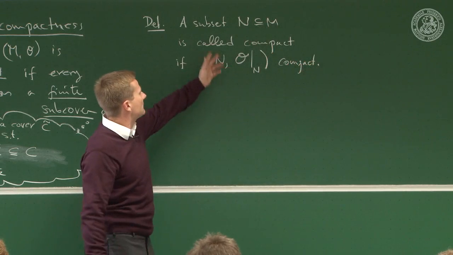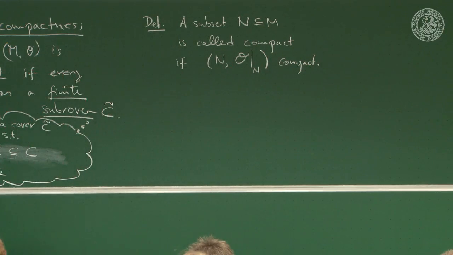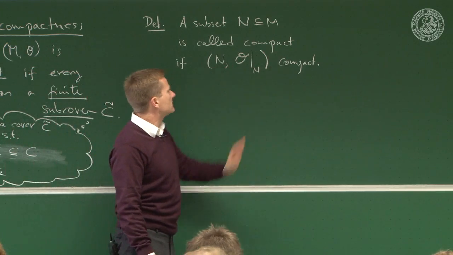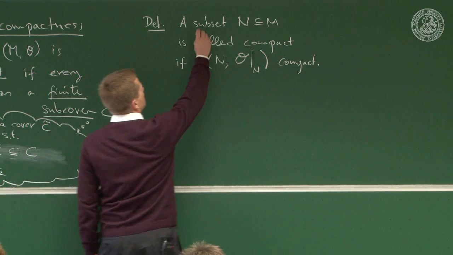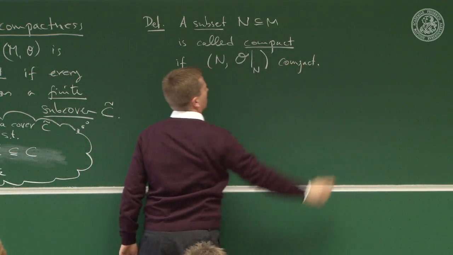So by equipping the subset with the subset topology, you make it into a topological space in its own right, and if that is compact, then the subset is called compact. Very simple.